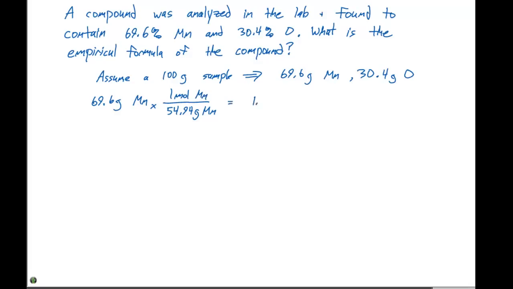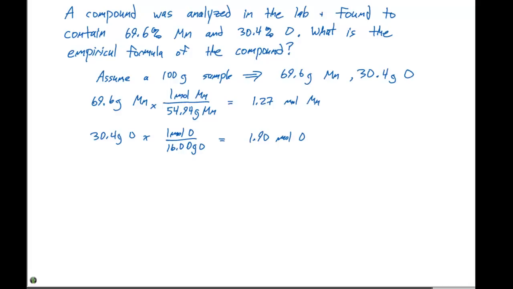This gives us 1.27 moles of manganese. Next, we take the 30.4 grams of oxygen times 1 mole of oxygen in 16.00 grams of oxygen. This gives us 1.90 moles of oxygen.